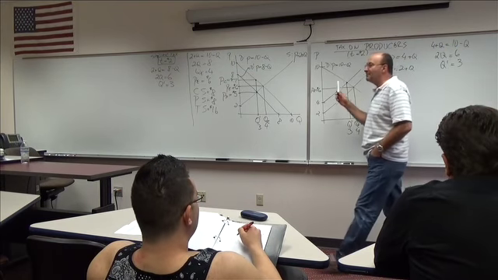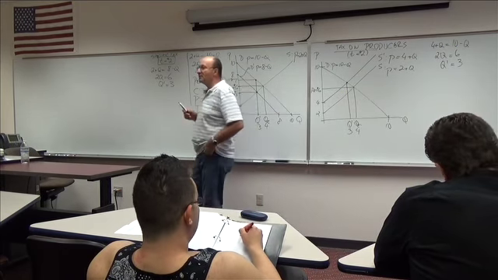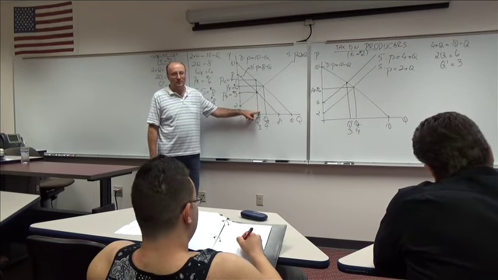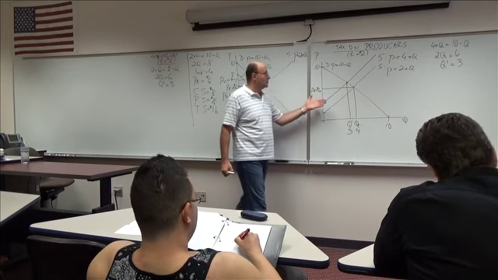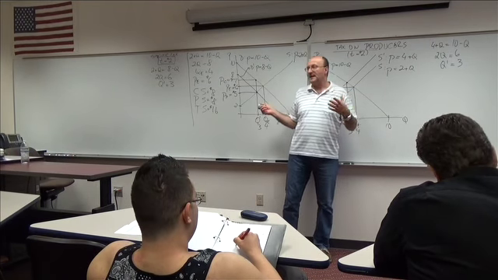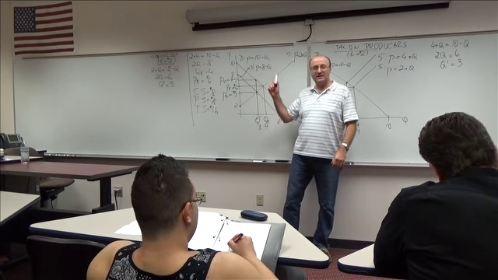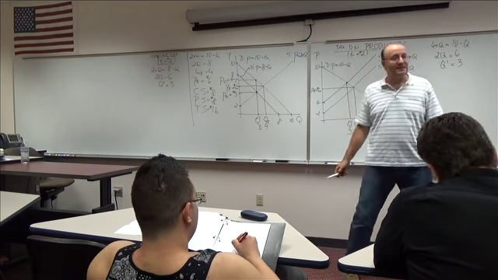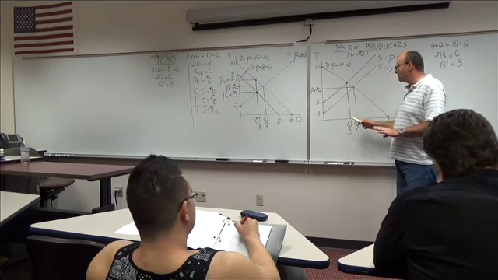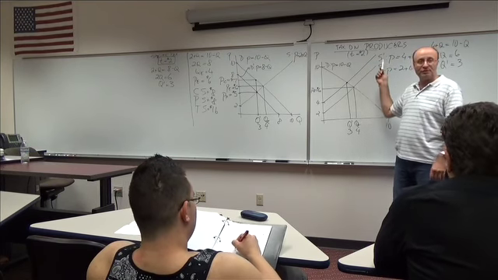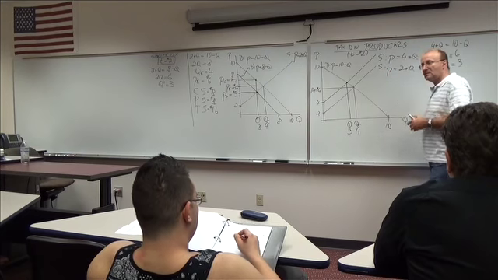Compare that to the impact of the specific tax imposed on consumers. What is the impact of those two ways to impose a specific tax? Same result. Does it make any difference from the point of view of quantity, whether the tax is imposed on consumers or on producers? Makes no difference.